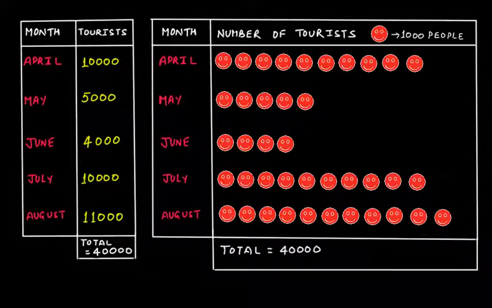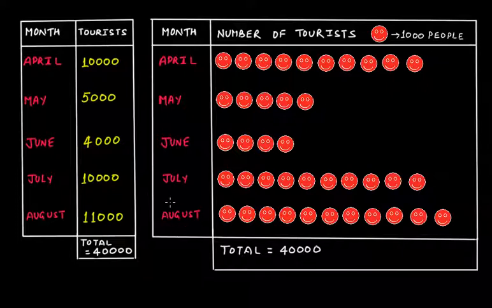Of course smiling faces, this is 10 smiling faces. So 1, 2, 3, 4, 5, 6, 7, 8, 9 and 10, right? Similarly, for 5,000 we have 5 images, for 4,000 we have 4 pictures, and then for 10,000 we have again 10, and for 11,000 we have 11, right? Each one represents 1,000 people, and the total will come to 40,000.